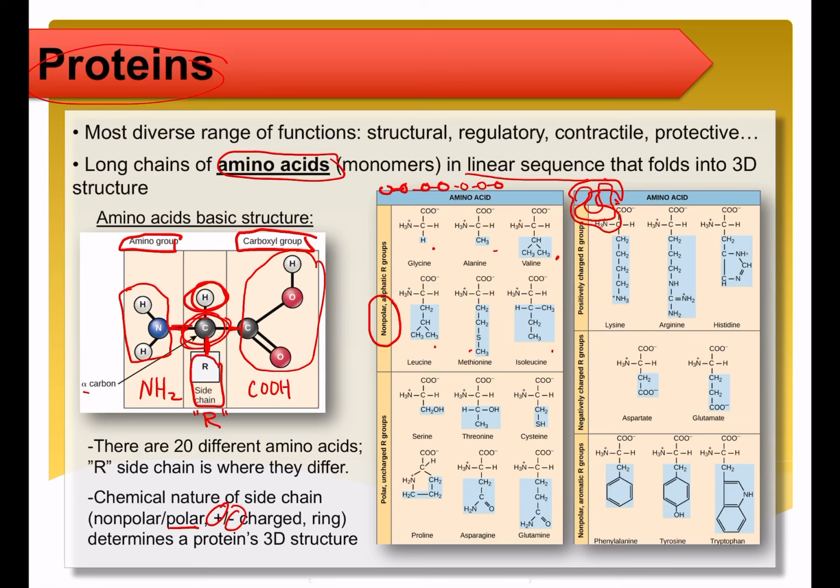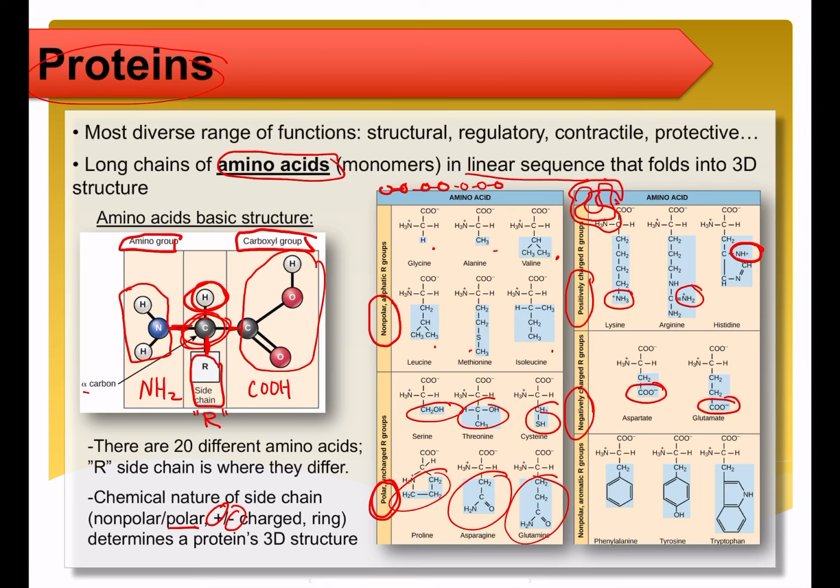Okay, so this group right here is positive charge, where you can see a positive charge somewhere along the side chain of the amino acid, or negative charge, where you can see a negative charge somewhere along the side chain. Or this particular group here is a polar group, meaning that there is an uneven distribution of charges due to the electronegativity we talked about, and these are the polar groups here. Okay, polar side chains, all of these here.